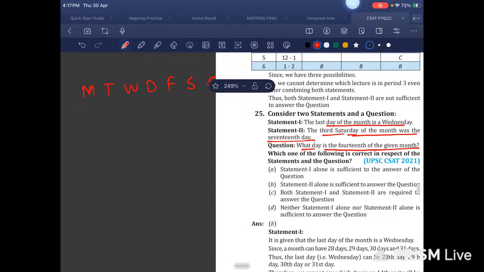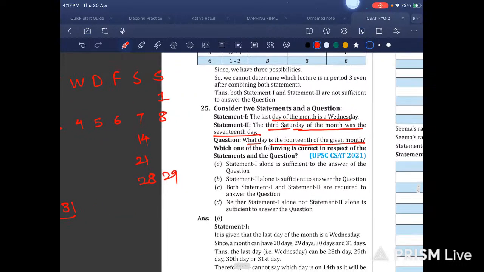Even if we begin with Sunday as our first date, we will have 5, 6, 7, 8. Here it would be 14, here it would be 21, here it would be 28, 29, 30, and if the month is 31, we will get it here like this. So the month must be starting from Saturday.